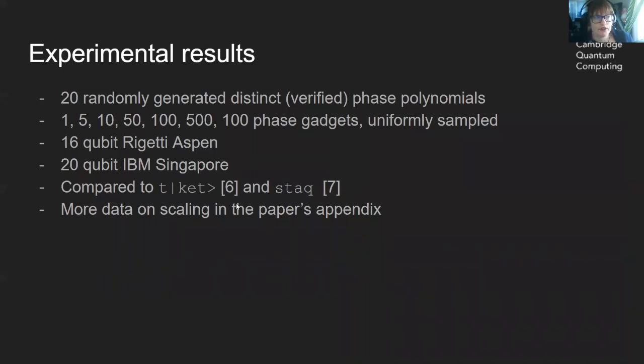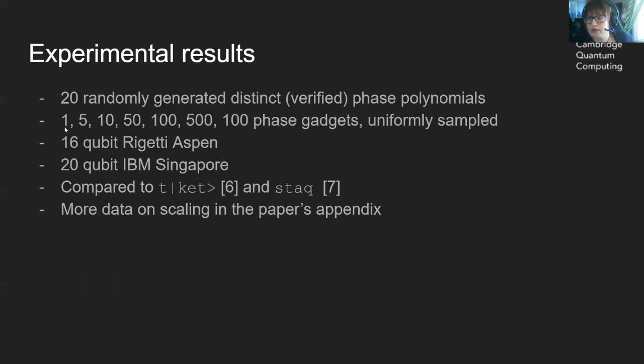And of course, you're all curious about how our algorithm holds up against the current state-of-the-art compilers on real devices. So we tested our algorithm against 2 compilers, Tket and Stack. These are the only 2 compilers that I know that can also synthesize phase polynomials. And so we randomly generated 20 different phase polynomials with different numbers of phase gadgets, right?